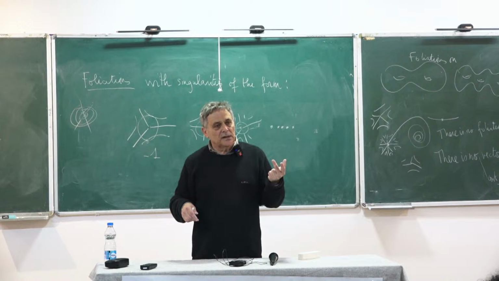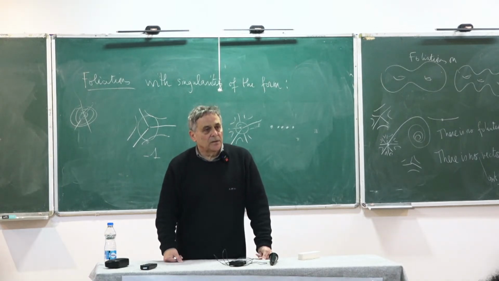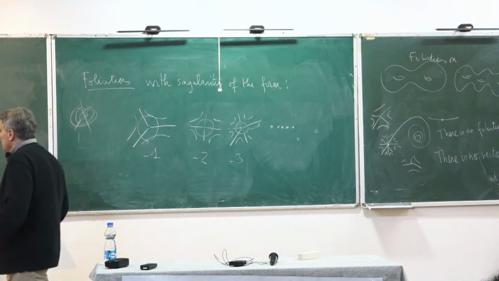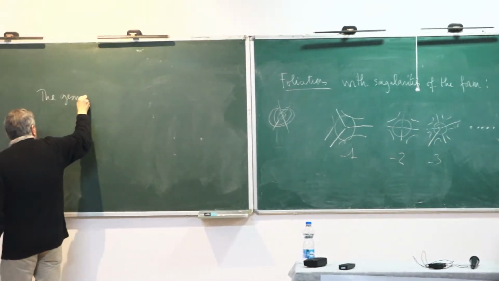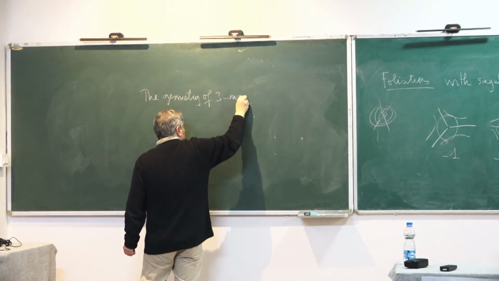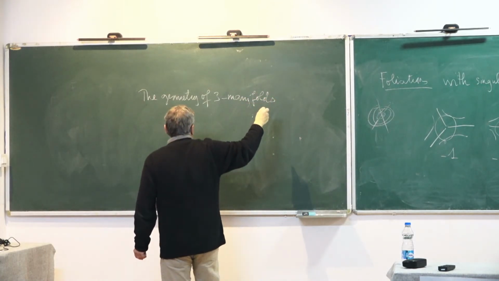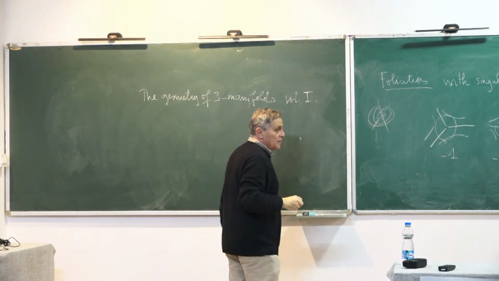And the third reference is a book written by Thurston, which is called The Geometry of Three-Manifolds, I think. It's called Volume 1, and it's the only volume. In fact, Volume 2 was never written.